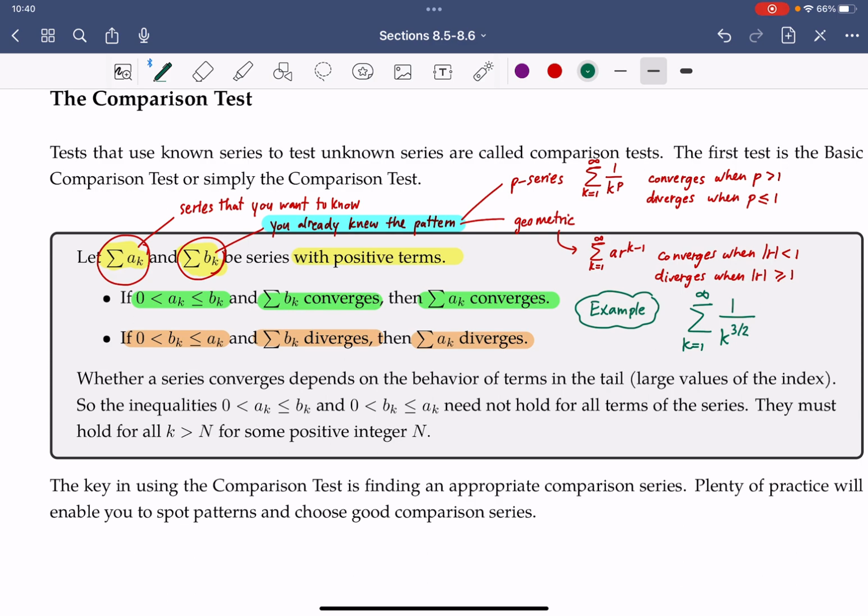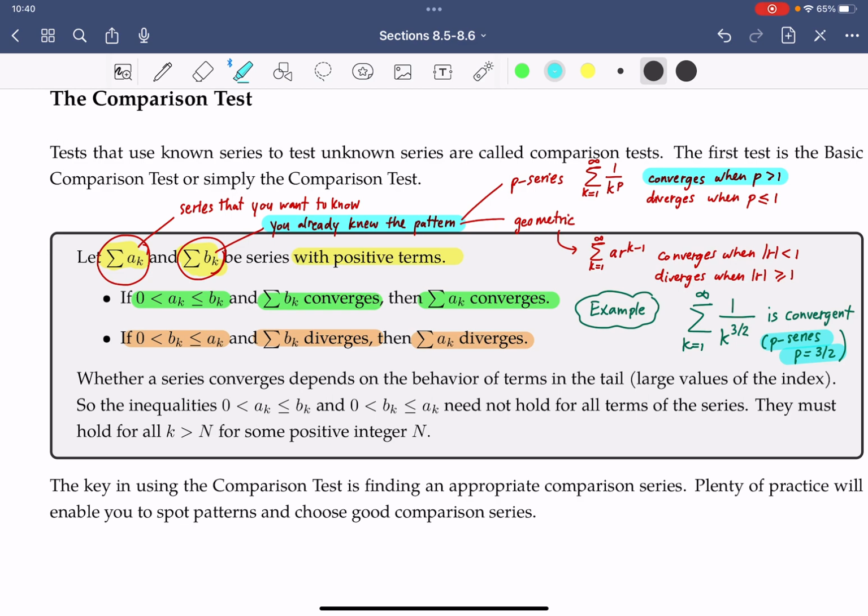Is this one convergent or divergent? You can see that this one is actually convergent by the P series. It is a P series, right? P equals 3 over 2, which is bigger than 1, so it is convergent.